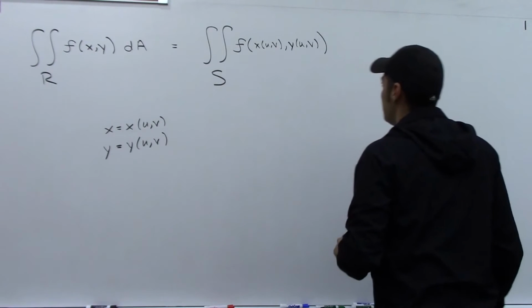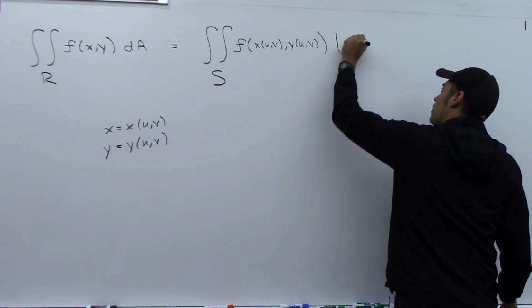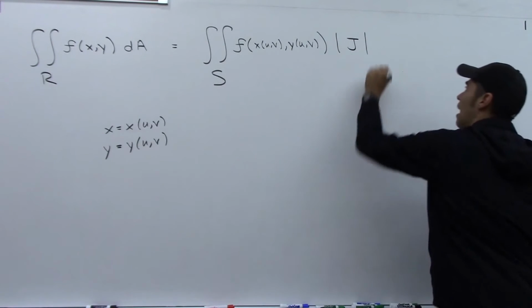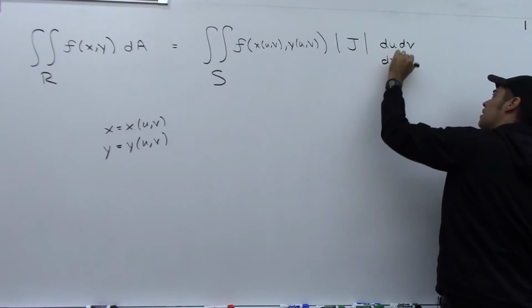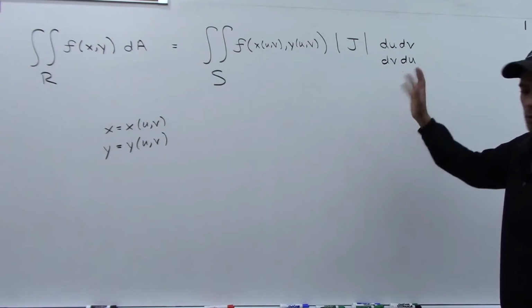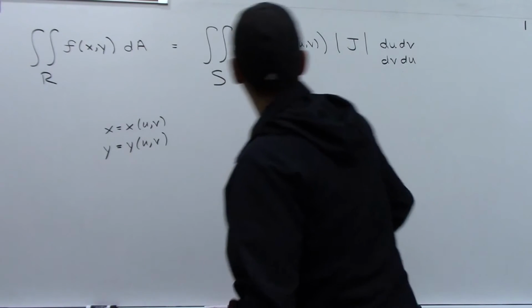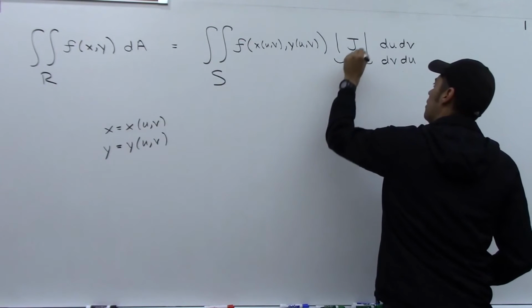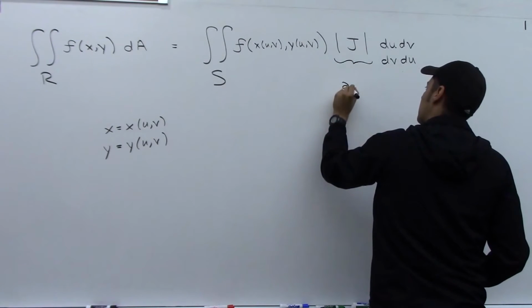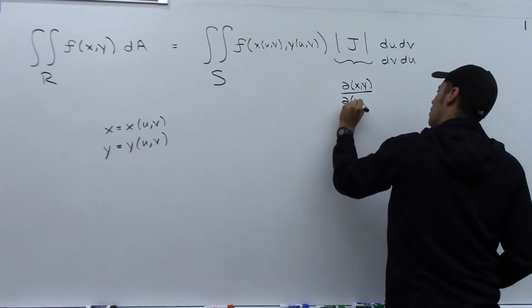But then this next part is going to be the absolute value of the Jacobian, all right? And then du dv, or possibly dv du, depending on, again, what this new region S looks like.